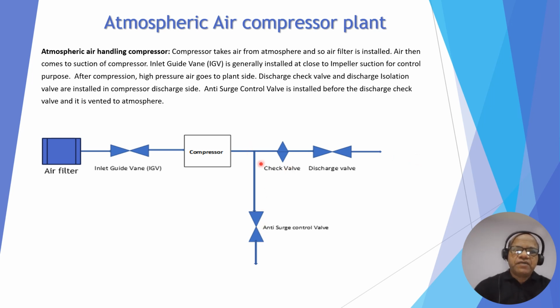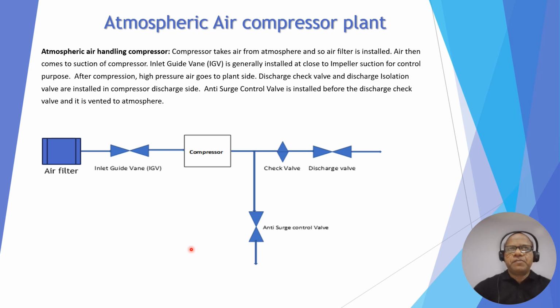And before this check valve, you see there is an anti-surge control valve installed to protect the compressor in case of surge. So this is a typical arrangement of the compressor. The compressor can be single stage or multi-stage, which is shown here. So atmospheric air has to pass through the air filter for cleaning purposes. The function of the IGV is to control the flow, and what is the purpose of the anti-surge control valve?